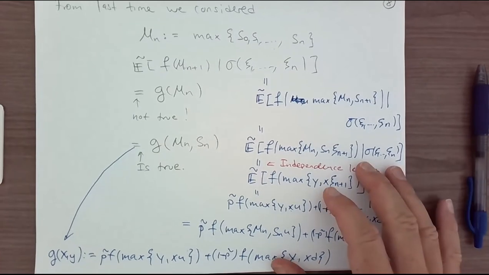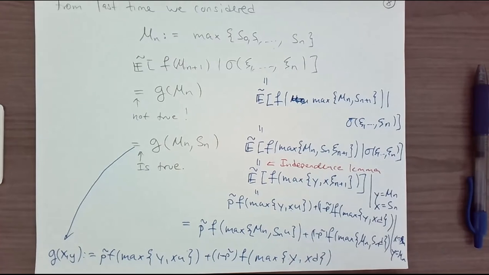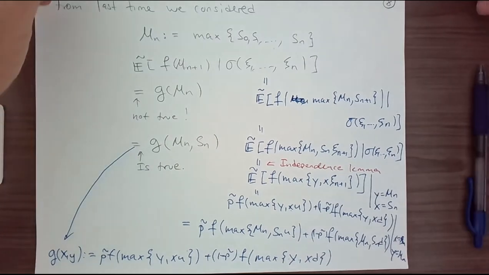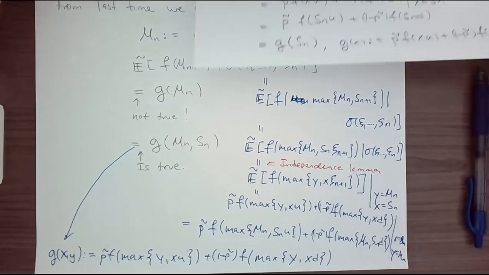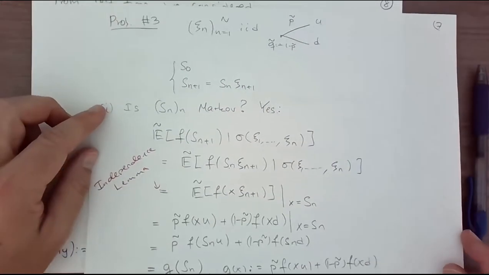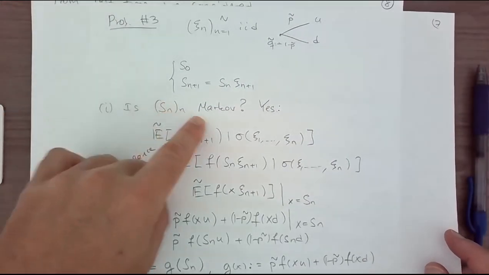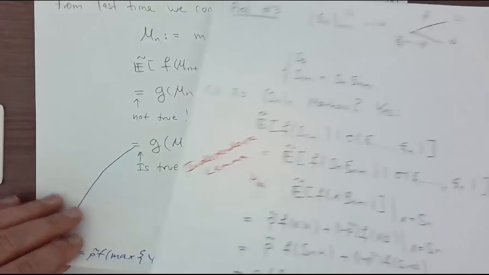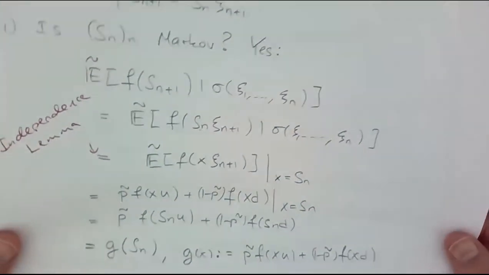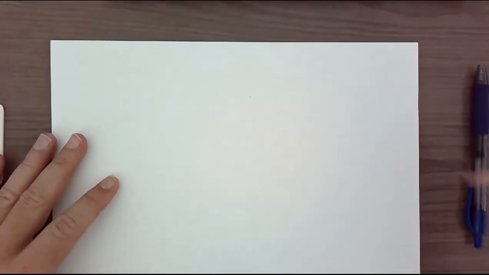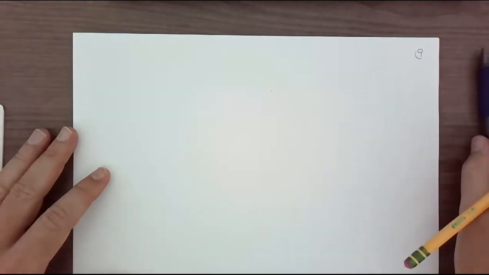I think there was something about this on your homework, or maybe it's the homework that's due this week. So, that was the first question in problem number 3: is it Markov? And the answer is yes. There are more problems in problem number 3. So the next part is, is it a martingale?